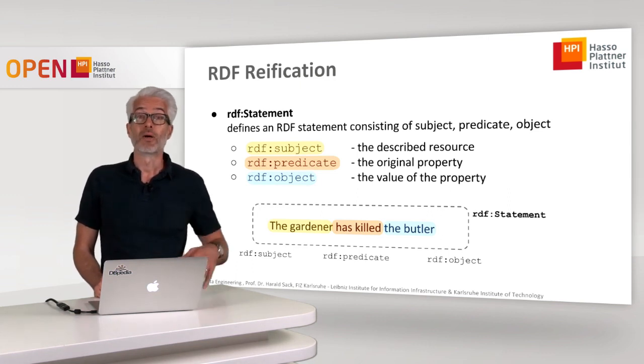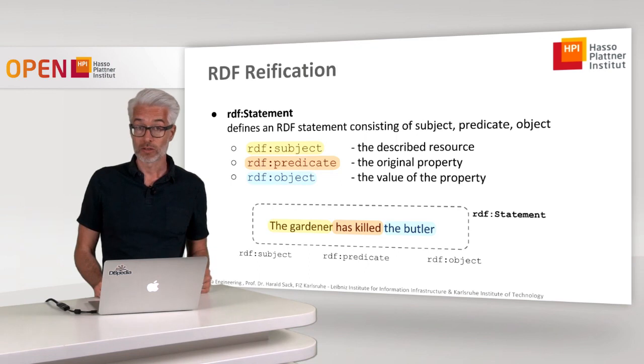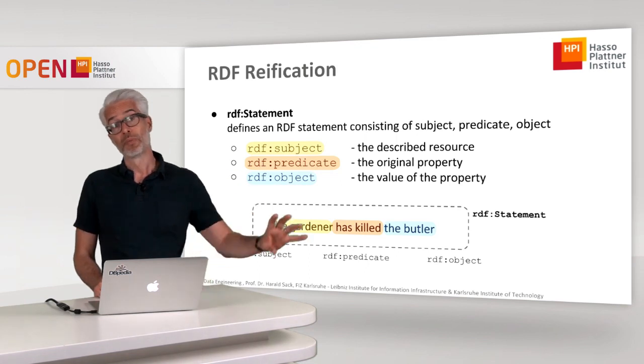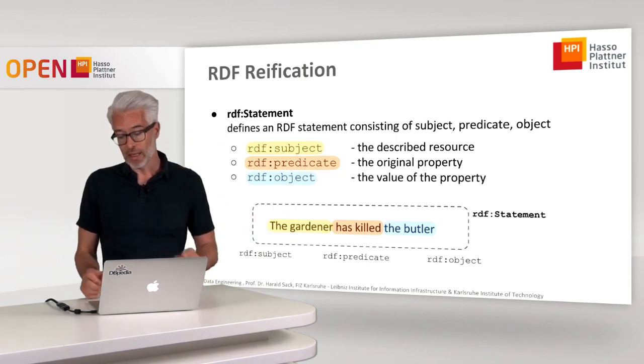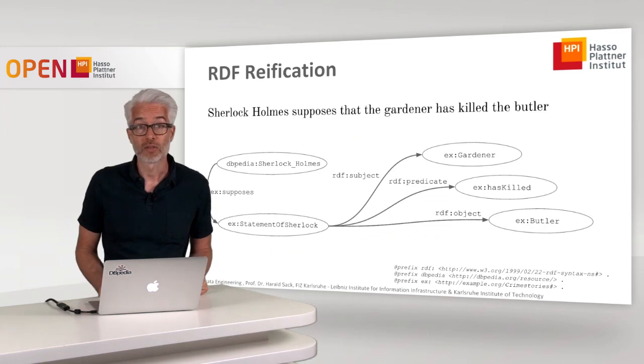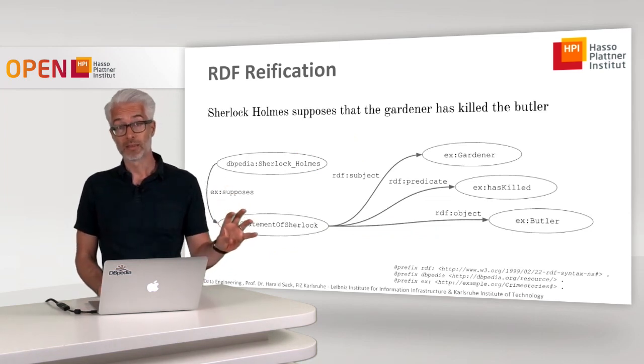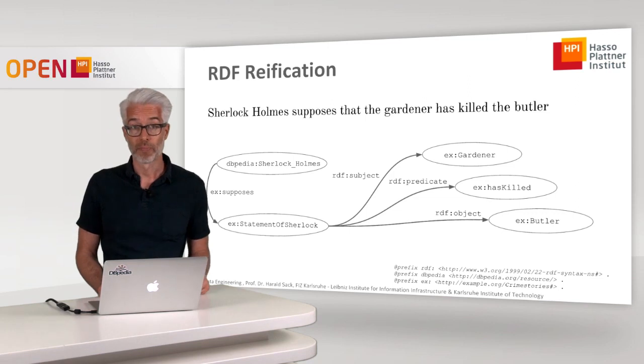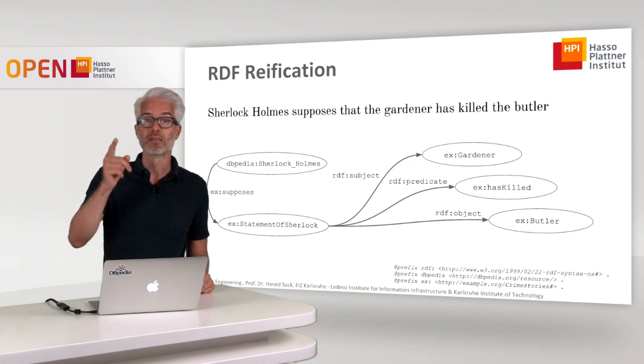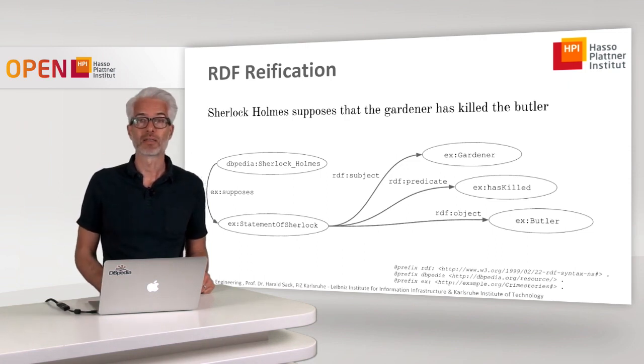Let's have a look at how our entire construct would be expressed in the RDF graph representation. So Sherlock Holmes supposes that the gardener has killed the butler. First we have Sherlock Holmes. Again, we take this from DBpedia. And we say Sherlock Holmes supposes a statement which we call statement of Sherlock Holmes. The statement itself that you see here is connected to an RDF subject, which is the gardener.